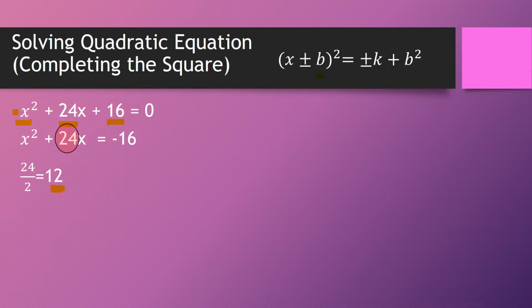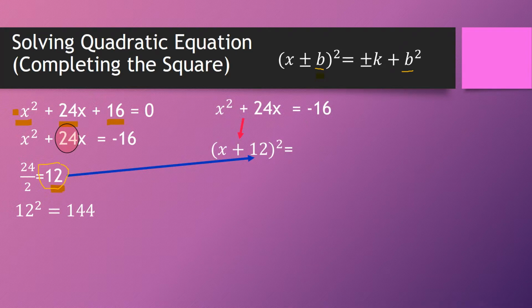This 12. Let me show you. This 12 will be the value of b here, and you get b squared, and you get this. Okay? Now, 12 squared is 144. You need to use 12 squared to substitute here. Finally, you have x plus, because you have positive, plus 12. What is 12?